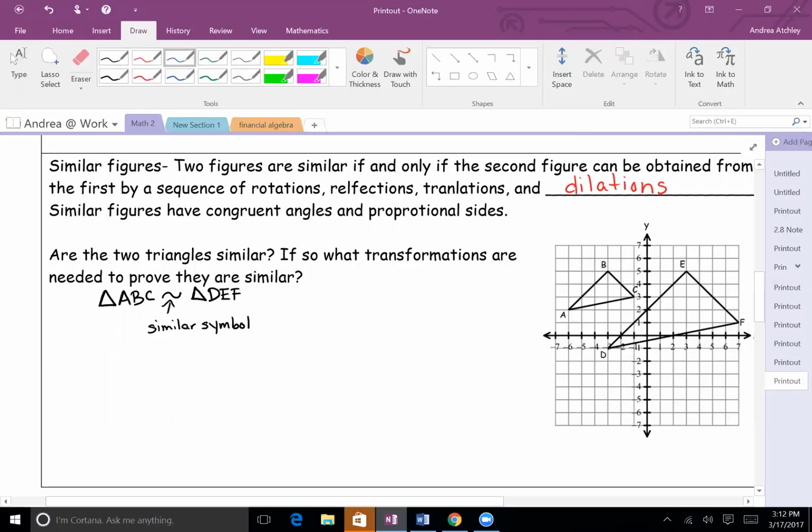So first thing we should do is just shift it. I'm going to move B to where E is, so I just need to move that to the right. 1, 2, 3, 4, 5, 6. So B goes where E is.